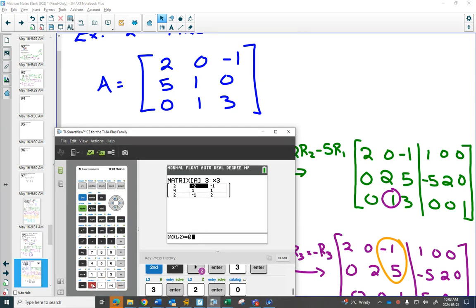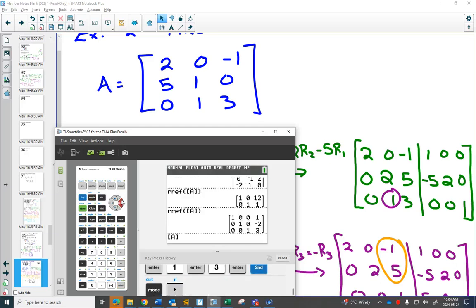2, 0, 1, boom, negative 1. Yeah, nothing like if I type in my original matrix wrong. Two, 0, negative 1, 5, 1, 0, 0, 1, 3. Matrix A is written incorrectly.